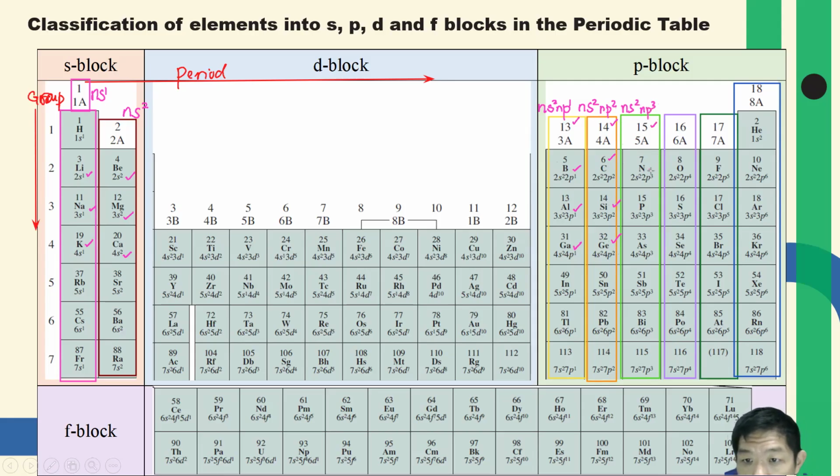So nitrogen 2s2 2p3, phosphorus 3s2 3p3, arsenic 4s2 4p3. And if you have the valence electrons of ns2 np4, you have group 16. Oxygen 2s2 2p4, sulfur 3s2 3p4, selenium 4s2 4p4.